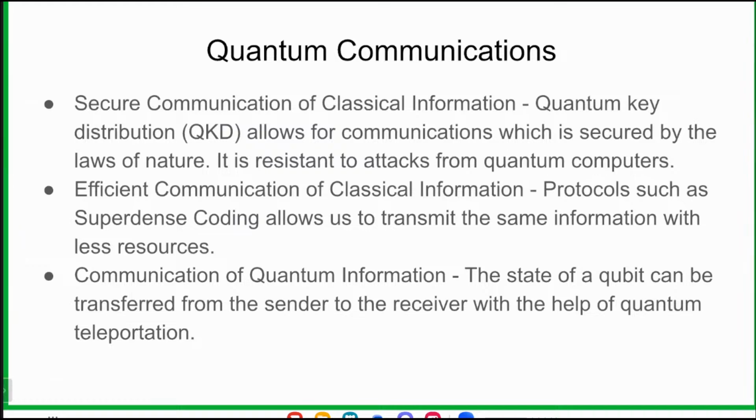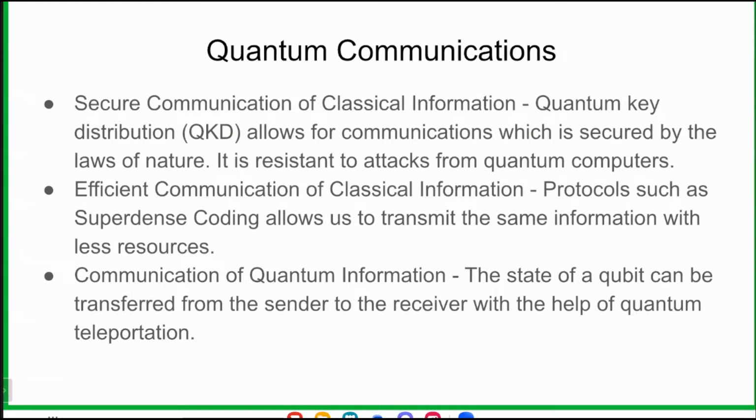But the beauty about securing classical information by quantum means, in particular quantum key distribution, is that it allows for communication which is secured by the laws of nature. As in, there are two parties, one is sending some information to the other.